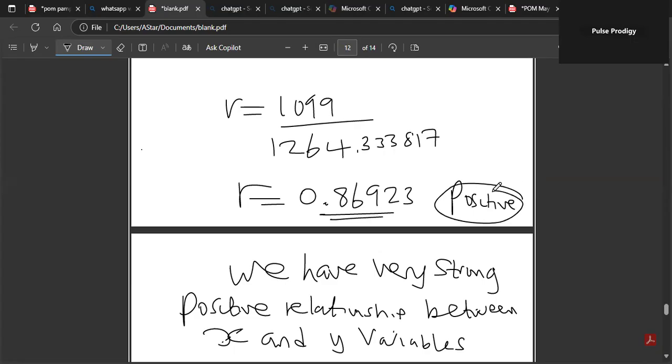If this was negative, it means it goes the opposite way, meaning that as the years are increasing, the sales are reducing. All together? Yes.